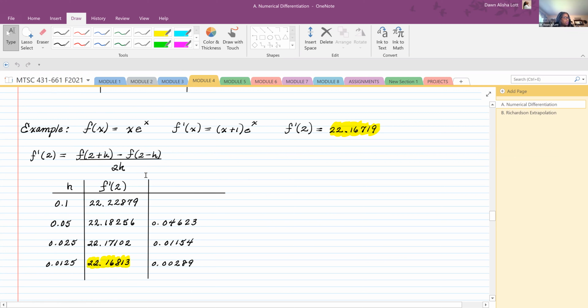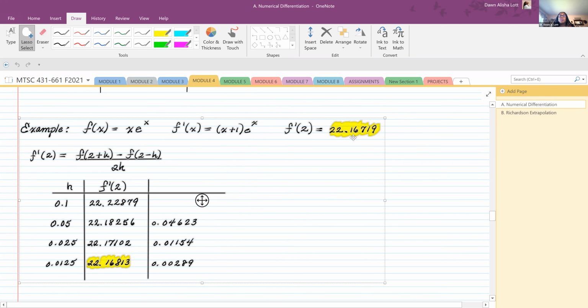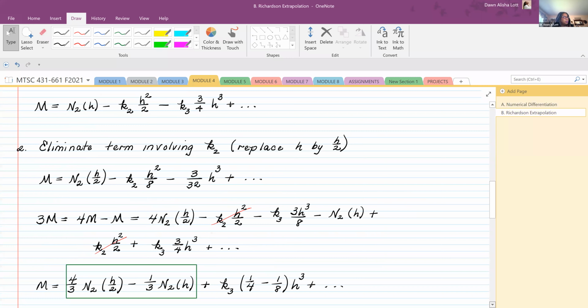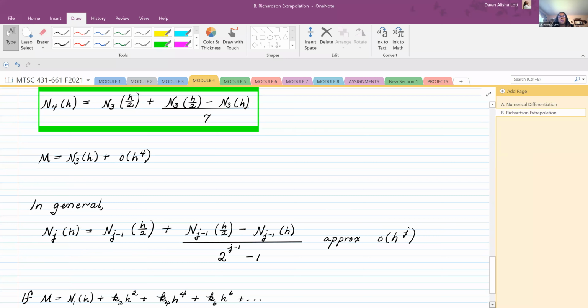So we used the centered difference approximation. And I'm just going to grab this to remind us of the example that we did, and I'm going to move this over to Richardson extrapolation.